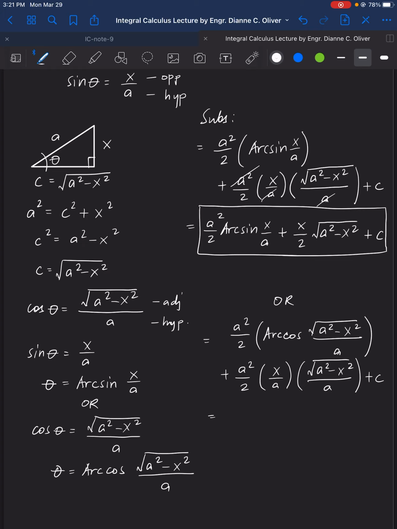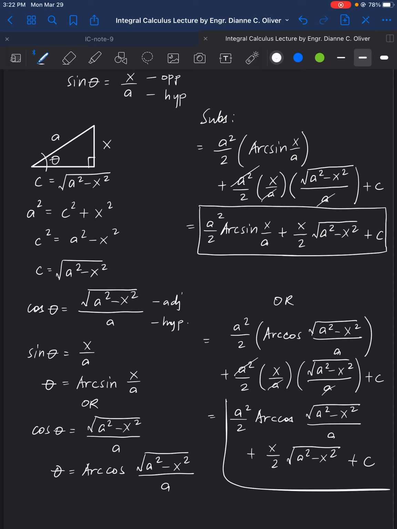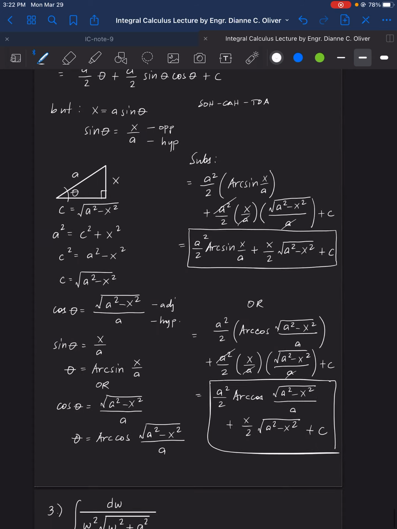That is equal to a squared over 2 arc cosine of the square root of a squared minus x squared all over a, plus, cancel a squared, x over 2 square root of a squared minus x squared plus c. So we have two possible answers. That's for number 2.